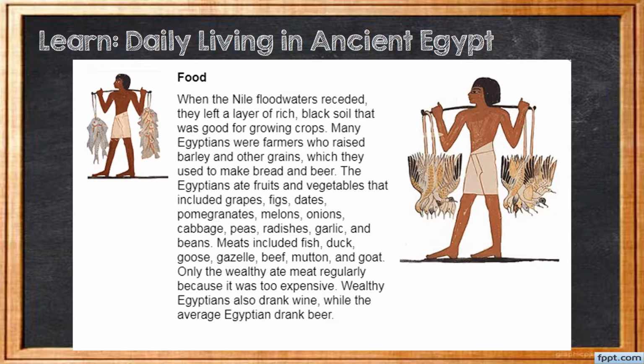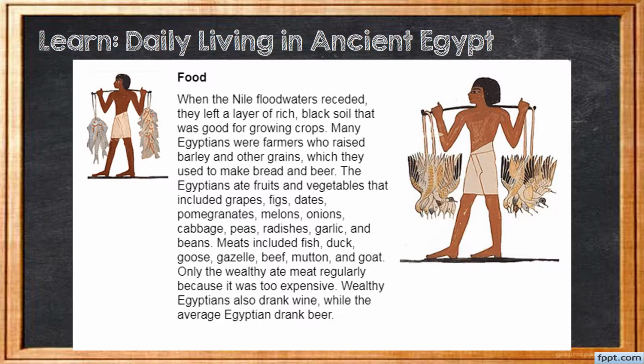What did daily living look like in ancient Egypt? And if you take a look at those first few screens, that is where you will find this information. So what was their food like? When the Nile floodwaters receded, they left a layer of rich black soil that was good for growing crops. Many Egyptians were farmers who raised barley and other grains, which they used to make bread and beer.